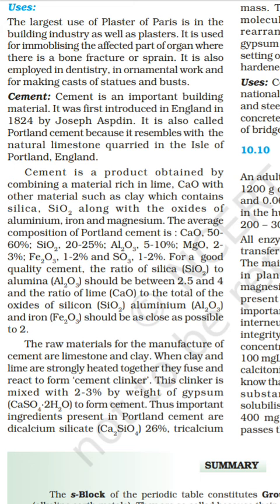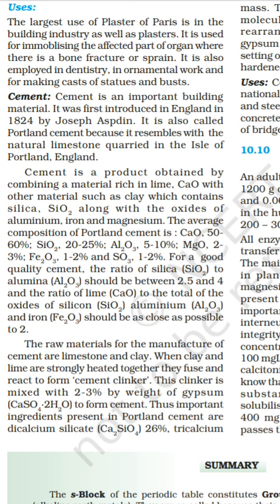The average composition of Portland cement is CaO 50 to 60%, SiO2 20 to 25%, Al2O3 5 to 10%, MgO 2 to 3%, Fe2O3 1 to 2%, and SO3 1 to 2% for a good quality cement.